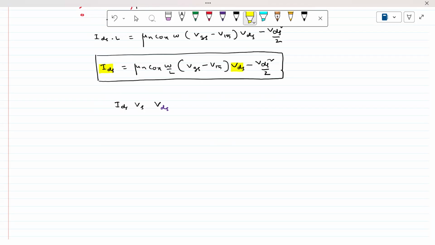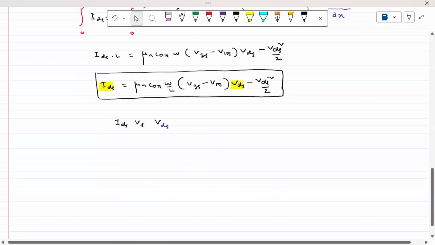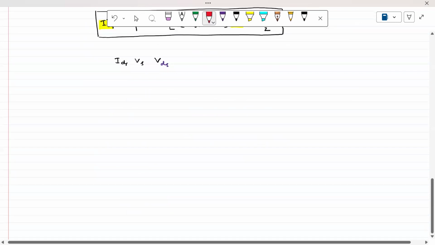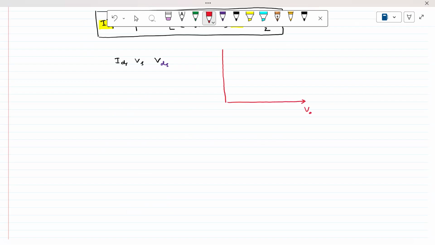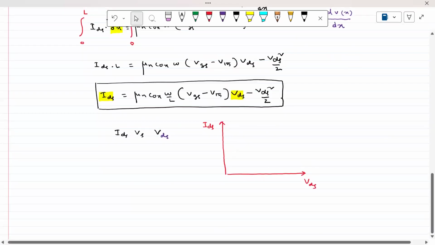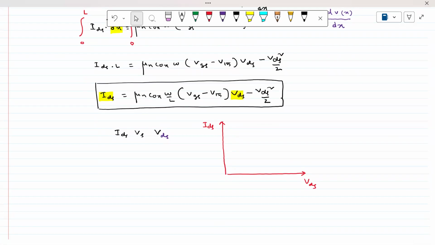Now, if you talk about the characteristics between VDS and IDS, as we have mentioned, the VGS value is a finite value, more than the threshold voltage. That's what we assumed at the starting of the class.